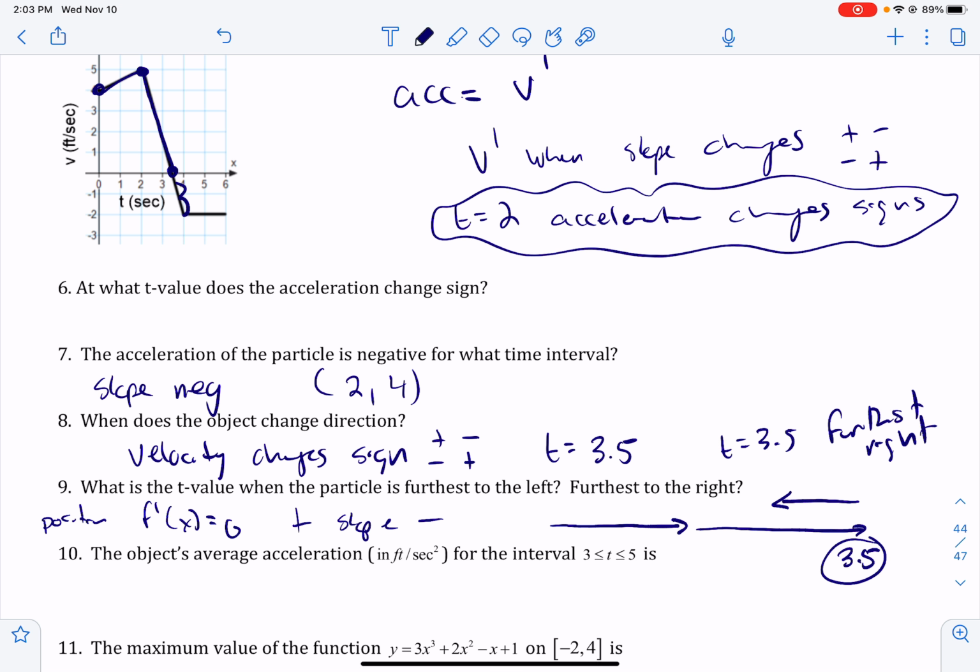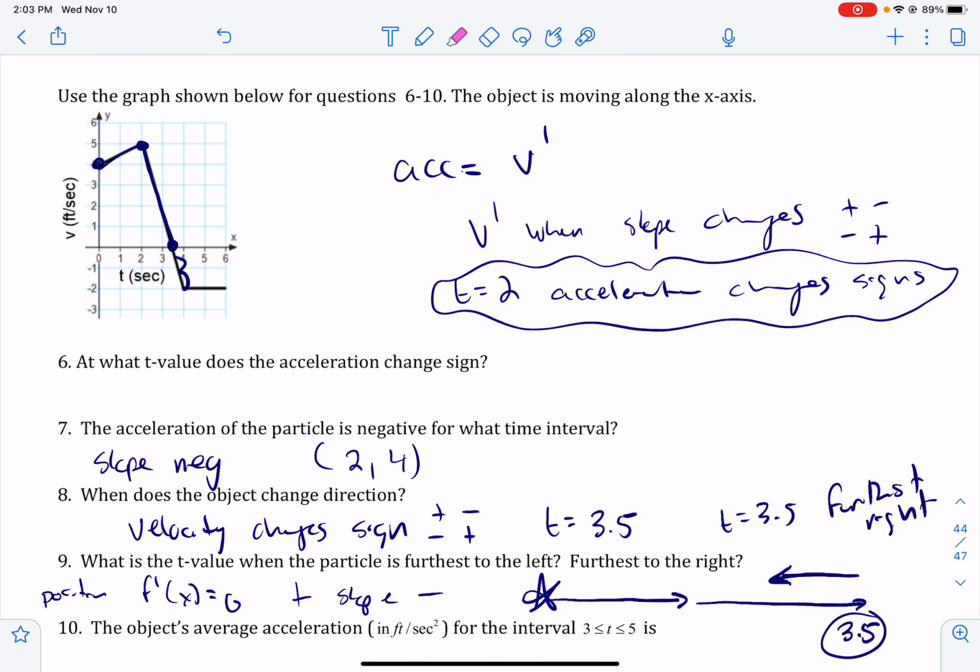Now you just have to decide. I started clear over here, and I went to the right a whole bunch, and then I started coming back to the left. So you just have to decide, between 3.5 and 6, did you come back to the left far enough to pass where you started? If you look at the graph, we haven't technically learned area under the curve, but look at all of this area that you moved.